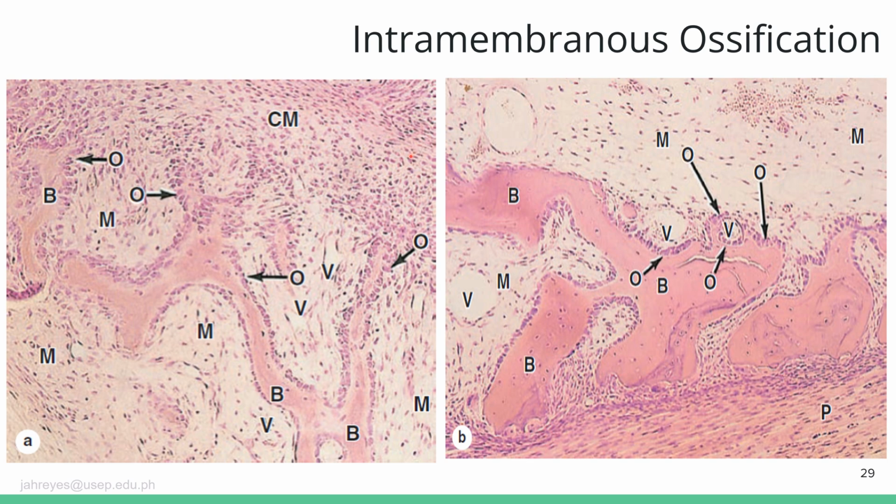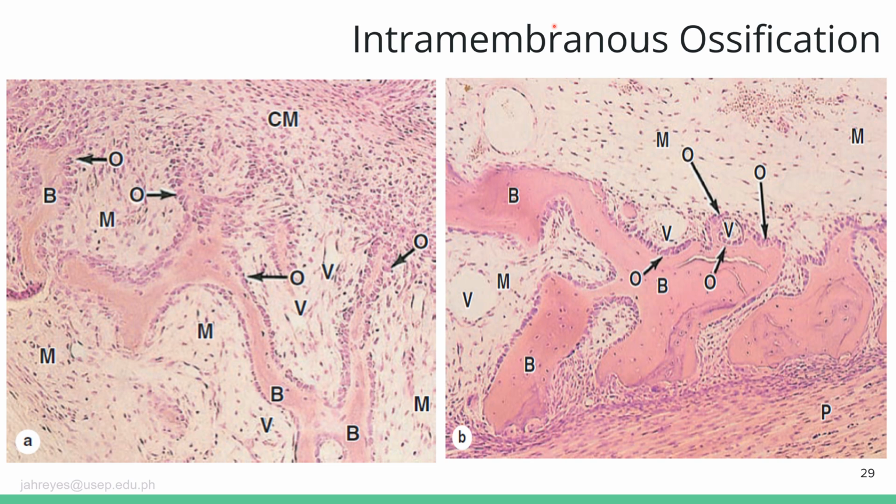So in the intramembranous ossification, the bone formation is initiated by condensation of mesenchymal cells that differentiate into osteoblasts. The first evidence of intramembranous ossification is usually observed around 8 weeks of human gestation.